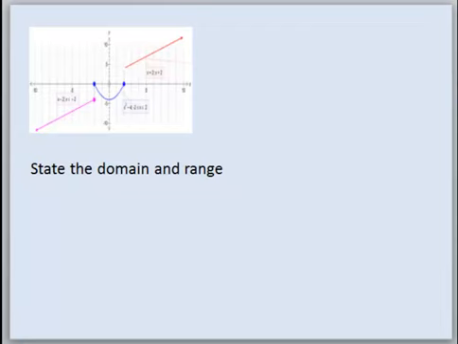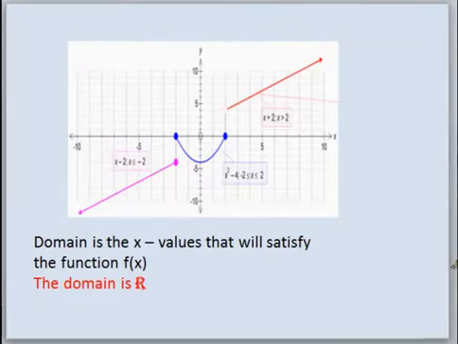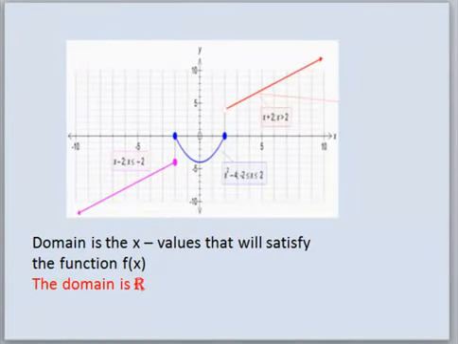Now let's have a look at the domain and the range. The domain is pretty easy because it was given to you in the graph when we started. You just have to put it all together. As you can see, the domain is the x values that will satisfy the functions.